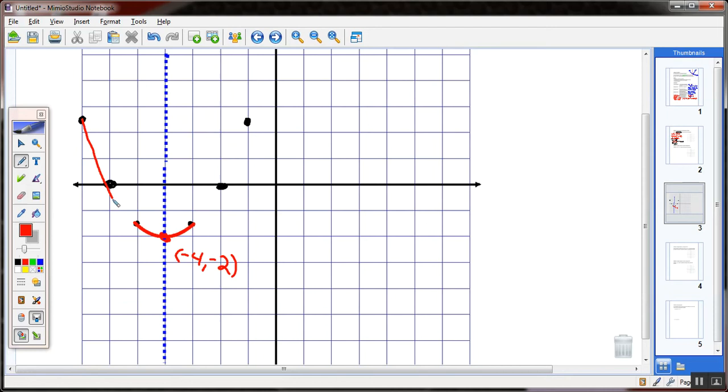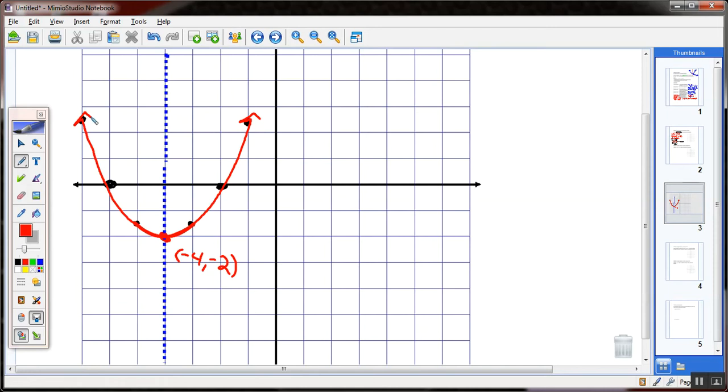Okay, first thing you're going to find is the vertex. It's just (-4, -2). That's my vertex. Once you know where the vertex is, run your line of symmetry through there. Determine your x value on the line of symmetry, and then start working outward from that for points.